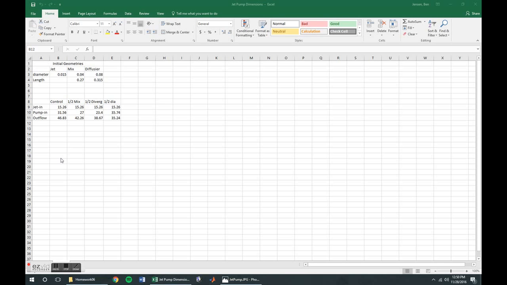Then I decided to halve the mixing tube length, halve the divergent tube length, and halve the diameter of the mixing tube. I did each one of these one by one on their own, so we could get a quick comparison of each one.